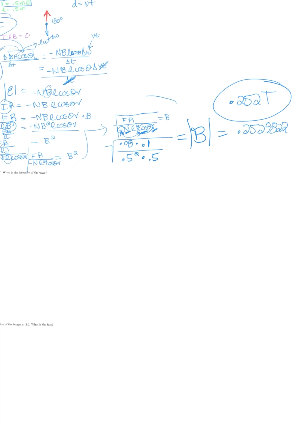By the way, this is an equation that I would put on your sheet. You would just have to keep in mind that you need to take that negative out if necessary to make it work in your calculator.